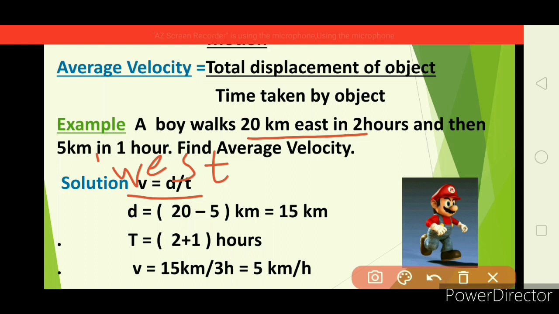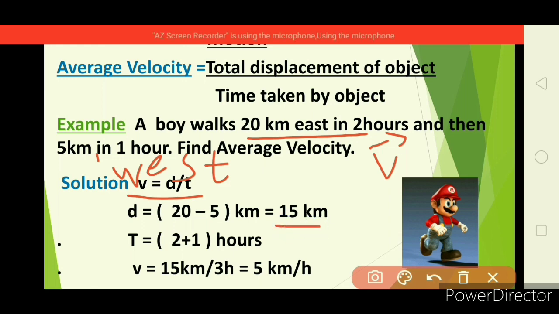That means velocity equals displacement upon time. Always remember students, velocity symbol is always represented by vector notation. So we have a displacement equals 20 minus 5, which equals 15 km.